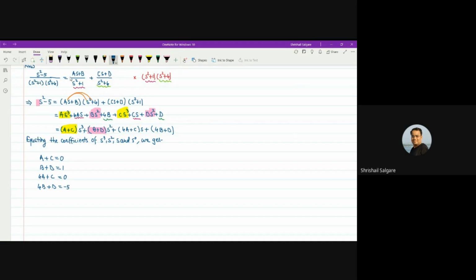Now the first equation you can write as A equal to minus C. And the second equation you can write as this one.